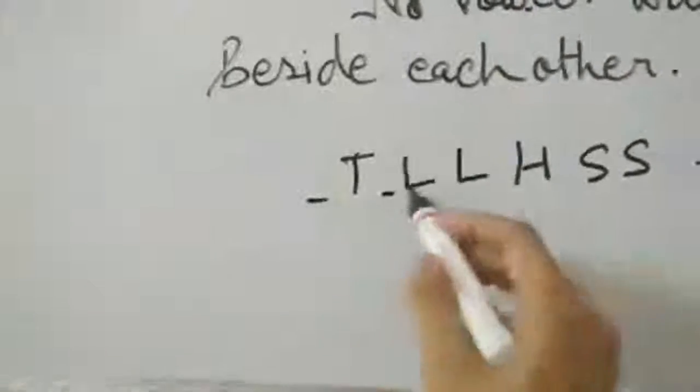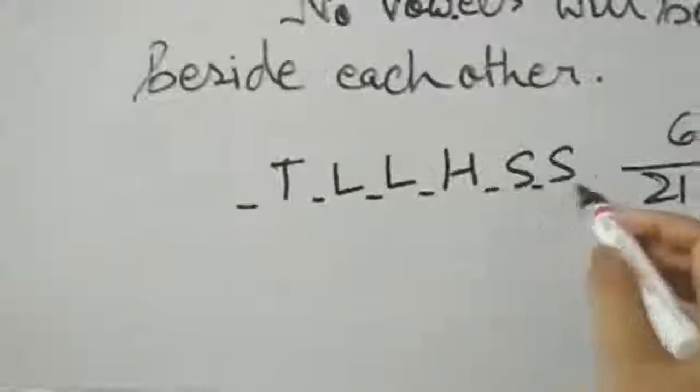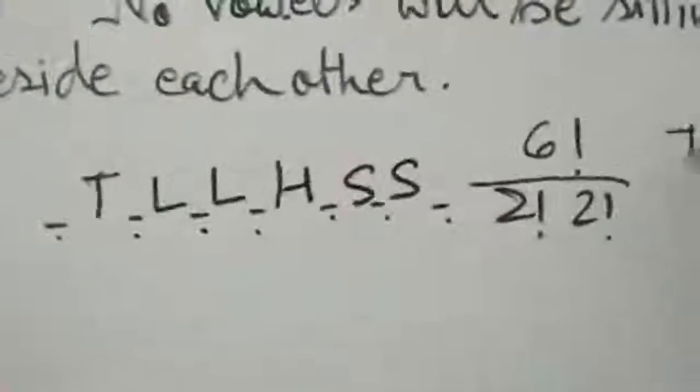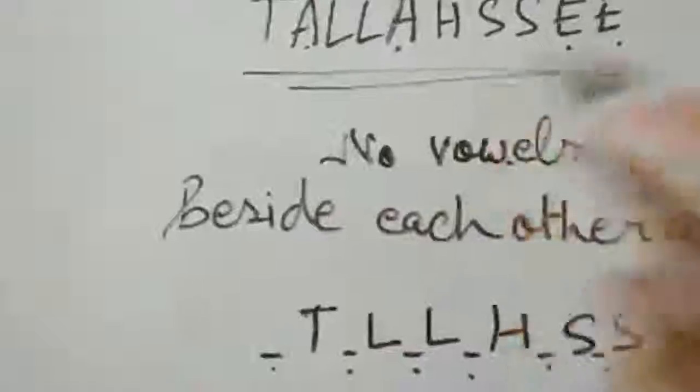Now, how many places will be in between the consonants? There will be a total of 1, 2, 3, 4, 5, 6, 7 places. All right. So out of 7, we need to choose only 4 places.